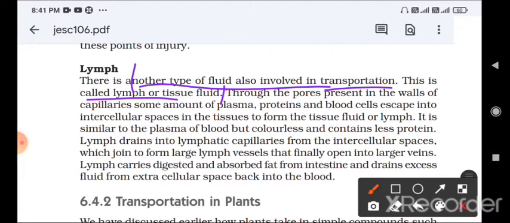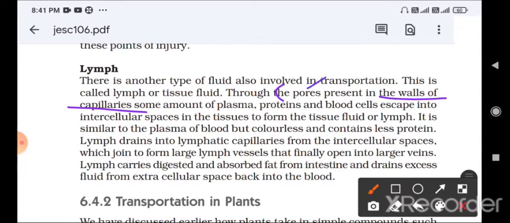The next question is, how is lymph formed? From this point we can write: the pores present in the walls of the capillaries.